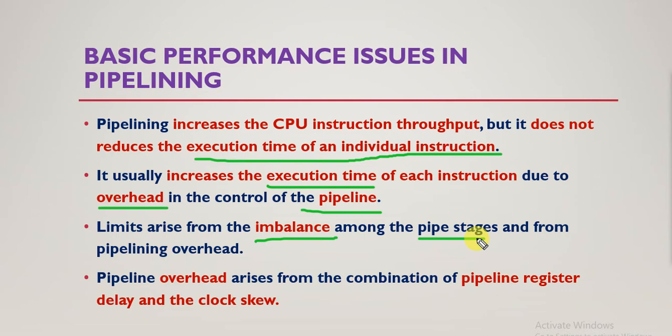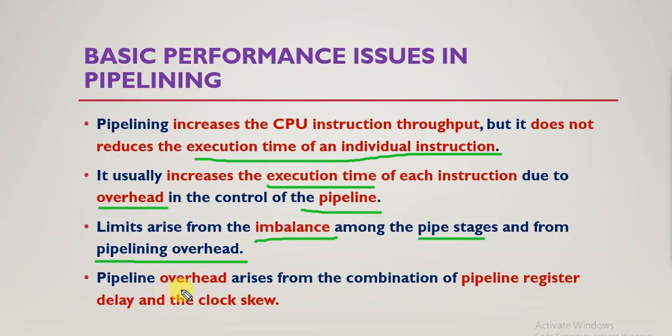But there can be some problems in between. If any simple problem occurs between these pipe stages, it will affect the entire system by reducing the performance or the speed of the entire computer system. This is usually called the overhead that happens with the pipelining architecture.